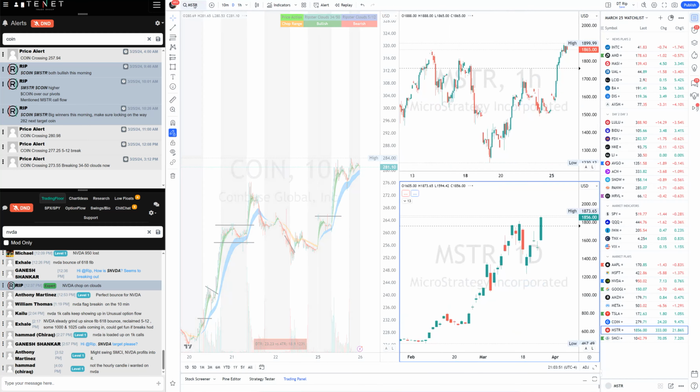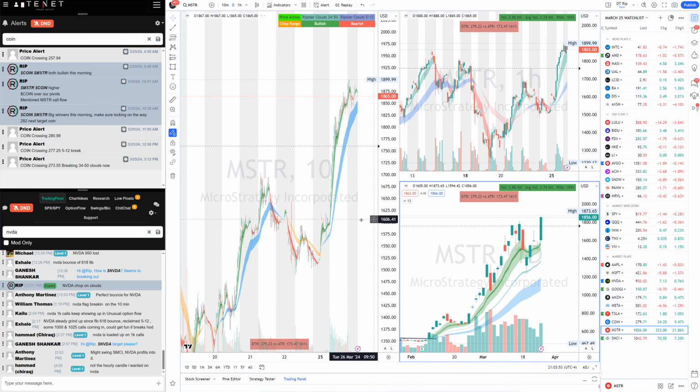MSTR was all bullish flow in the morning, and it went from 1625s over yesterday's highs, a similar breakout as COIN, all the way to 1900. They're expensive on the options side, but all you need is like 100 shares to have a good day. This one went from 1650s all the way to 1900s, so you don't need much to trade these.